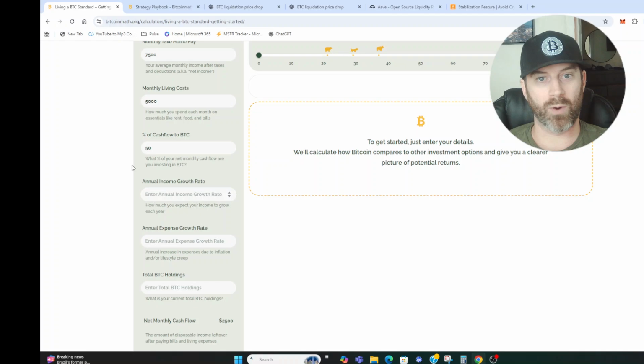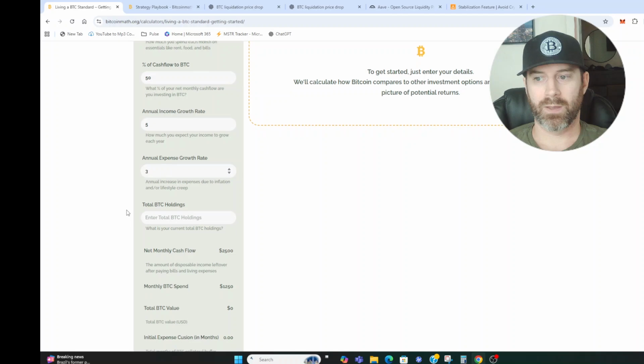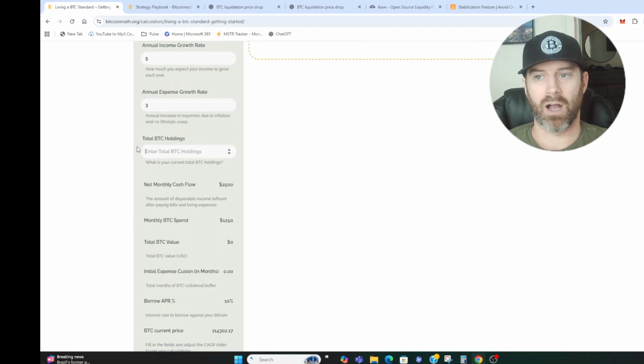Annual income growth rate, let's just say I'm making an additional 5% per year. And let's say my expenses are growing at 3% per year. All right? Now, how much Bitcoin do you have? And this is the change that I made to the inputs. Instead of having you key in a collateral buffer, you just key in how much Bitcoin you have. And let's say I've got one total Bitcoin, okay?